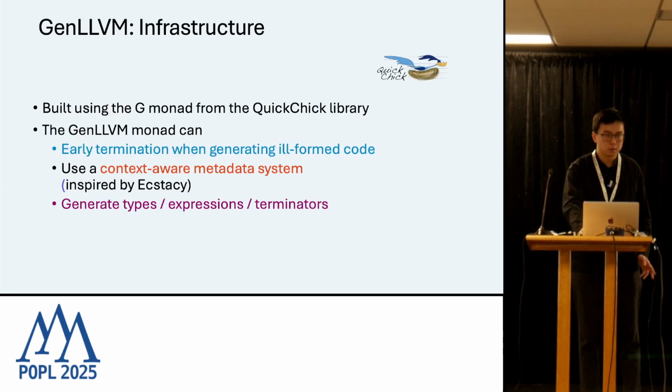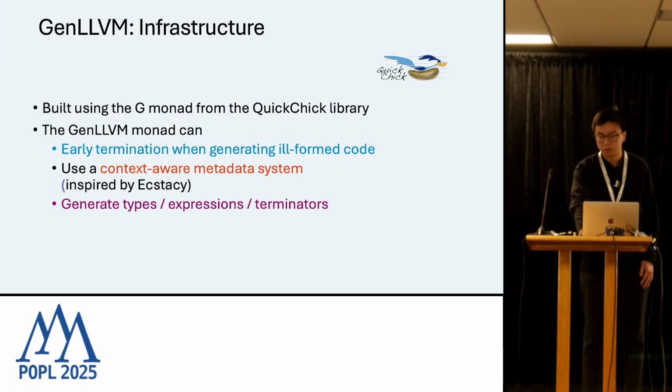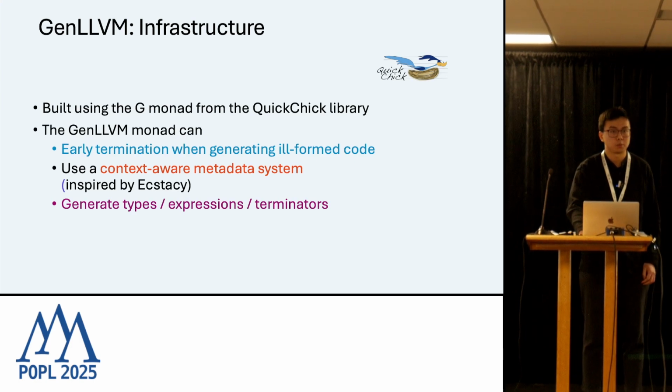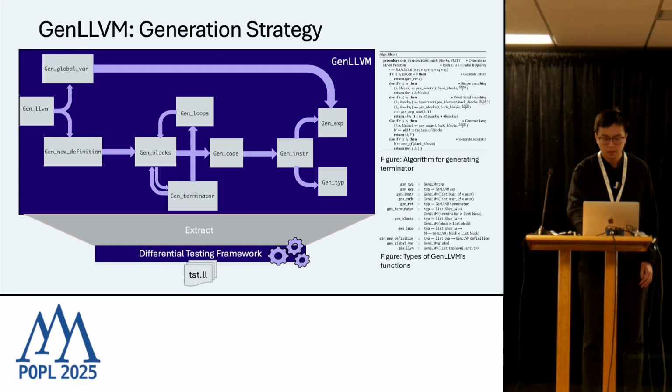To this end, we built a tool called GenLLVM for generating random LLVM IR programs on top of the generator monad provided by QuickChick. We also include other features like early terminations and a context-aware metadata system for tracking various properties of the generated variables, such as their types and whether or not they are derived from a pointer, for reasons we will soon get into.